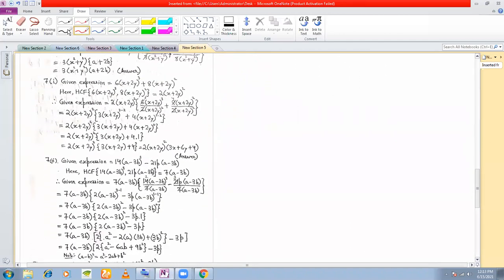Let us see 7-1. The given expression here is 6 times x plus 2y whole cube plus 8 times x plus 2y whole square. See, again, I have x plus 2y here and I have x plus 2y here.